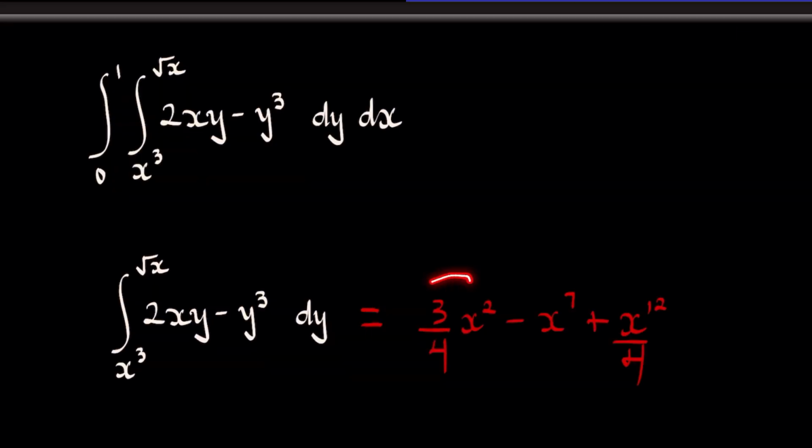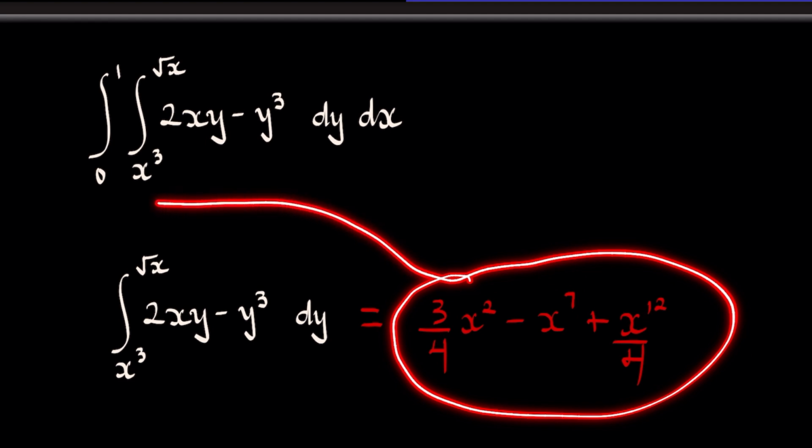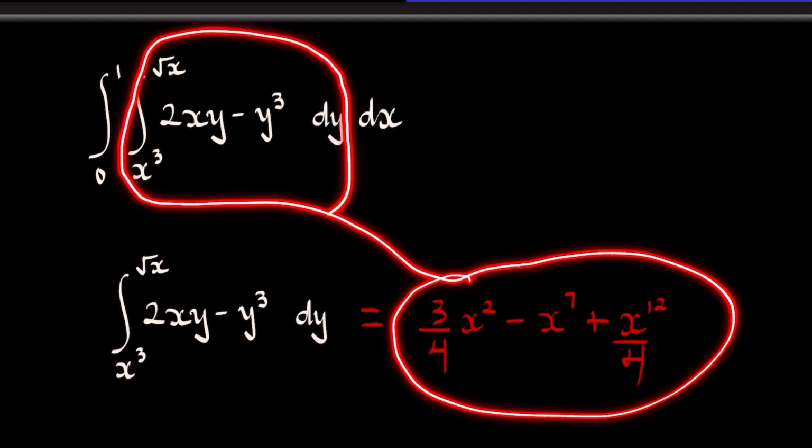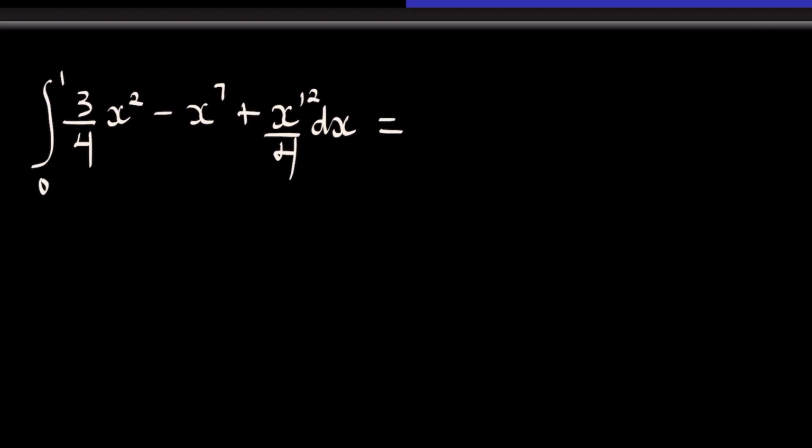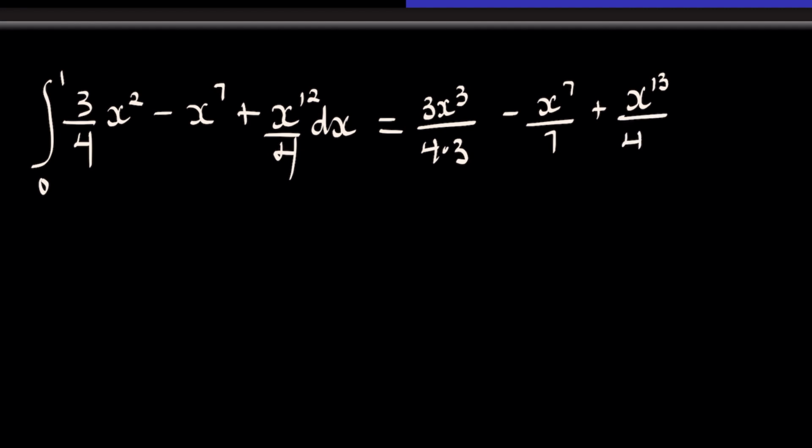Our next step is to substitute this guy in place of the inner integral. Then we now integrate with respect to x. So this is going to give us 3x cubed on 4 times 3 minus x^7 on 7 plus x exponent 13 on 4 times 13.